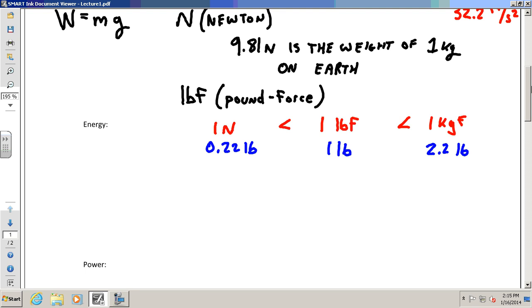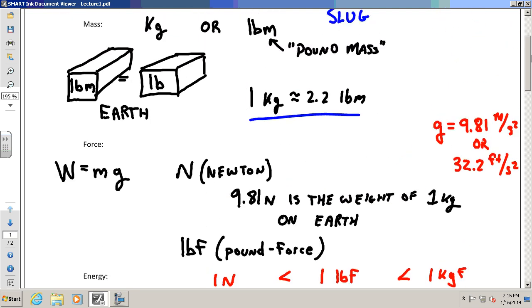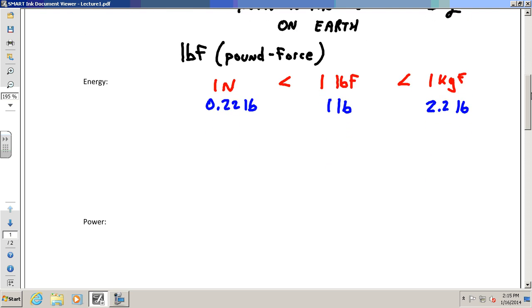All right, we spent plenty of time on weight and force, and hopefully that's a review. The only thing that's weird about thermo, again, is that we have the pound mass. We're going to use pound mass a lot, and nobody else really uses it except in thermodynamics. But that's okay.